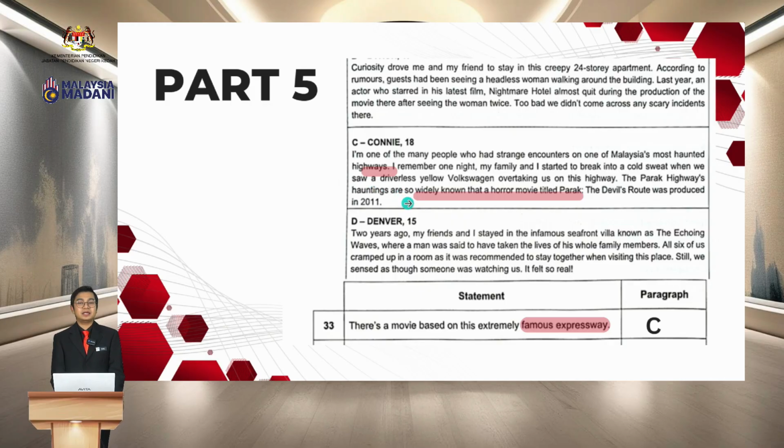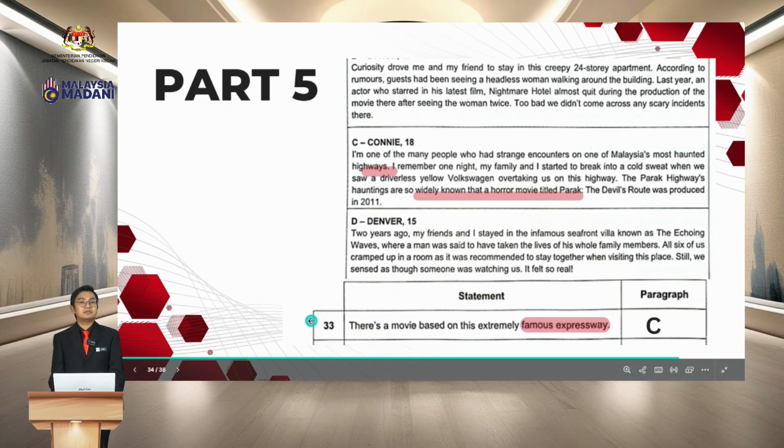And the next clue there is: the Perak Highway hauntings are so widely known, which has the same meaning as famous. And that a horror movie titled Perak the Devil Road was produced in 2011. So basically the answer is paragraph C.